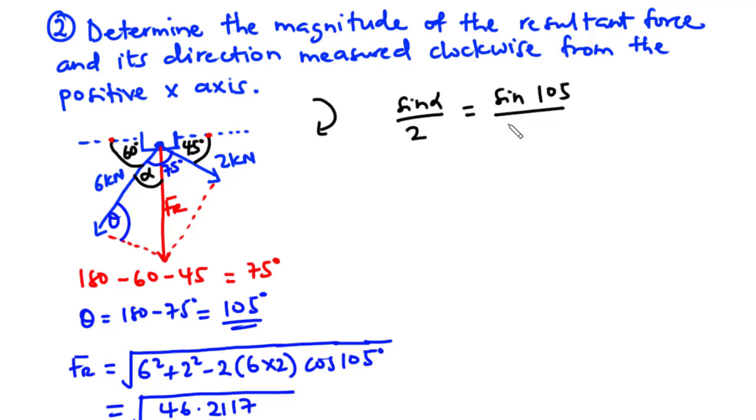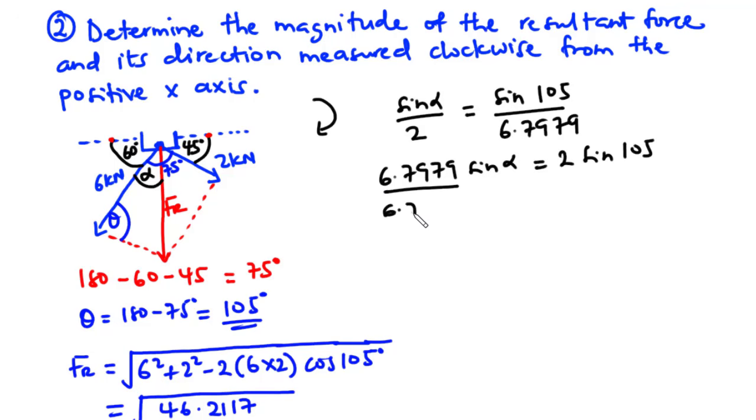So we have divided by 6.7979. So now let's cross multiply. So we are going to have 6.7979 sine alpha equals 2 sine 105, and then we divide through by 6.7979.